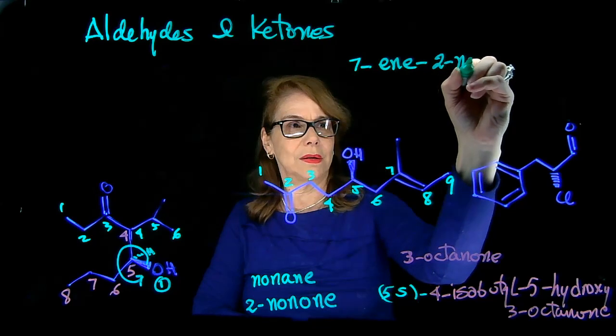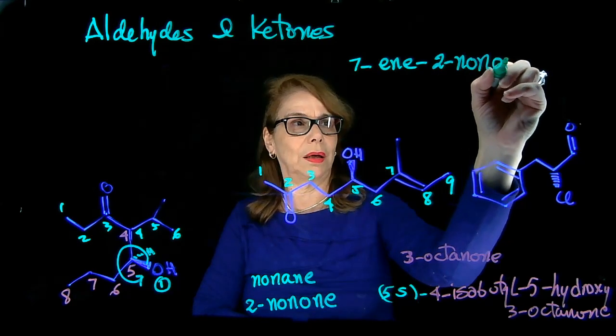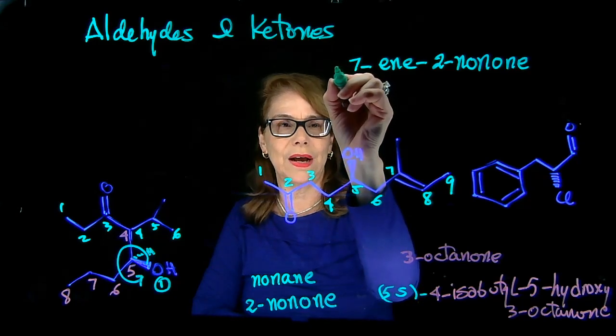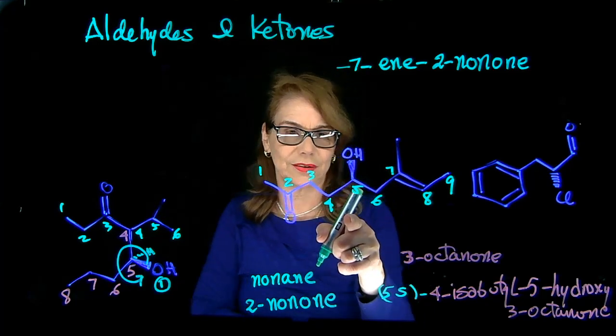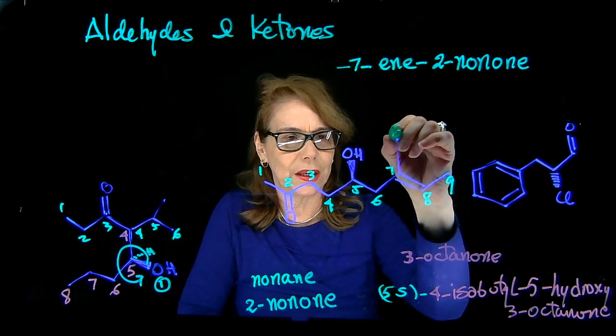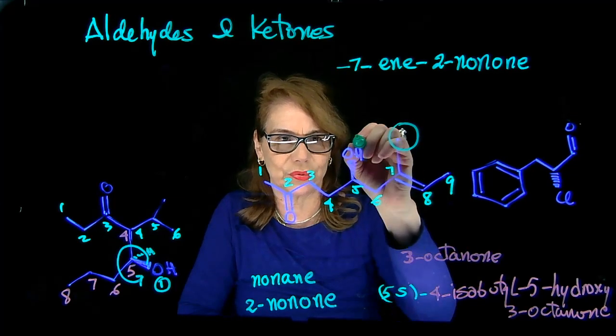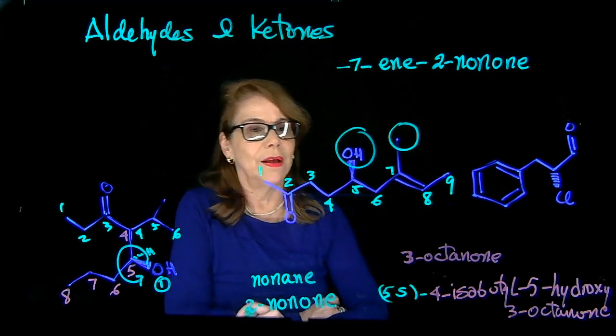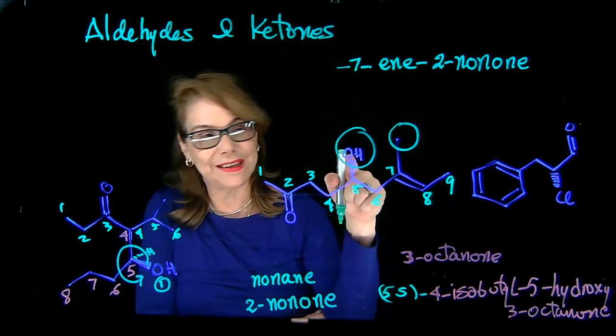So it's 7-nonen-2-one, and I have in carbon 5 a hydroxyl group, and I also have a methyl group in 7. So in substituents, I have a hydroxyl and a methyl group. Hydroxyl, listing alphabetically, goes first.